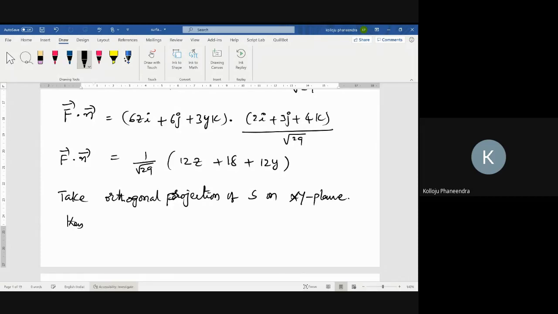Then double integral over S of f bar dot n bar dS equals double integral over R, where R defines the projection on xy plane, of f bar dot n bar dx dy by, for xy plane, what is the unit perpendicular vector? k bar. Take dot product with n bar. In the last class I have given you this formula, right?